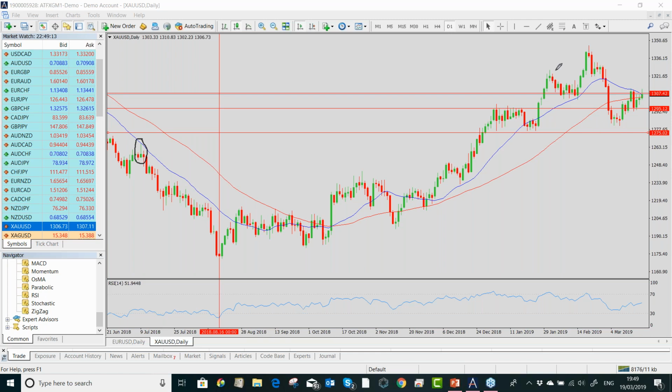So for example, when price is making a new high, the indicator is not making a new high, and that might be an indication, bearing in mind that this is a momentum indicator, RSI, that the momentum in this long move to the upside could be coming to an end.